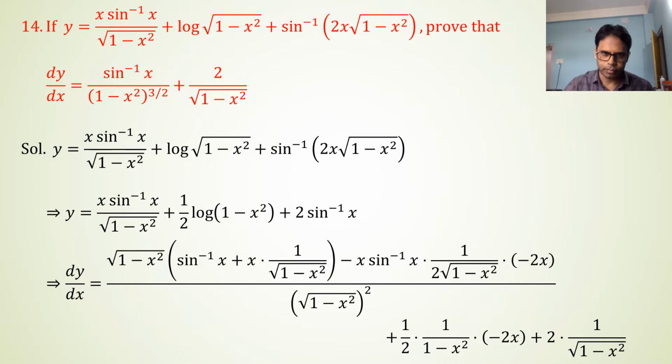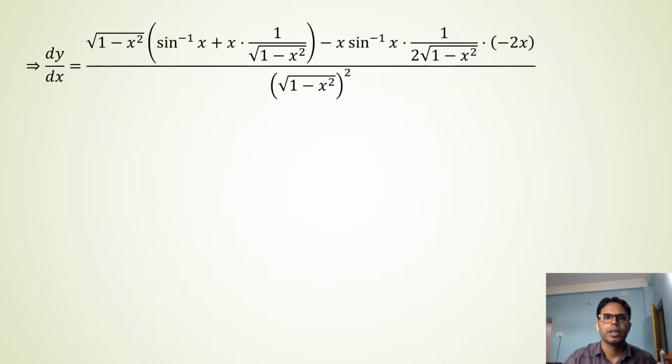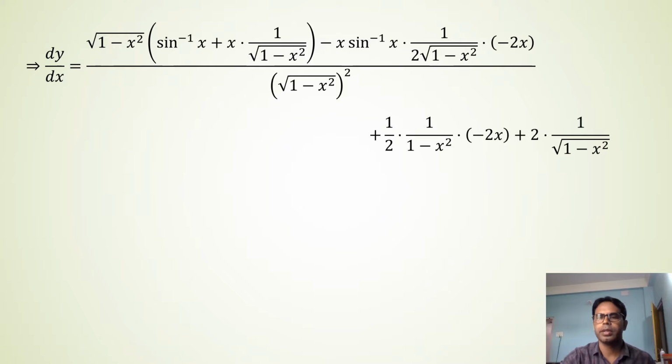So the next line, this line is already written in the previous screen, and in the next line you see we are just completing this product, or you may take the LCM here, same thing. Here you see this 2 will cancel, this minus will come here, this 2 is cancelled.